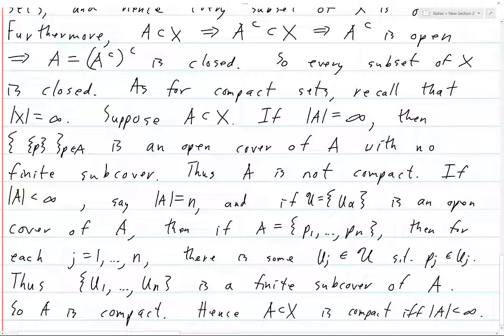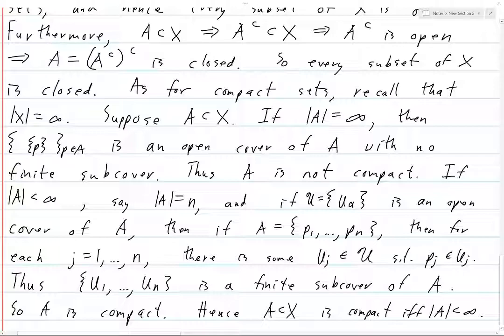So, in fact, every set is closed and bounded. If X is a finite set, then it sort of works out that sets which are closed and bounded are also compact, because in that scenario all subsets are compact, and so that's not really super interesting.